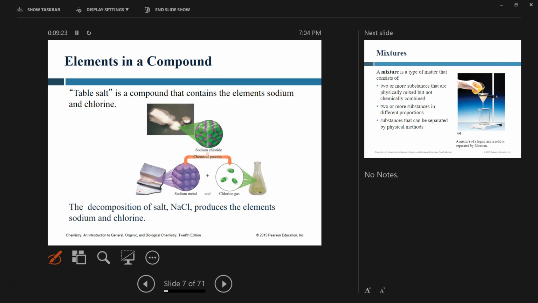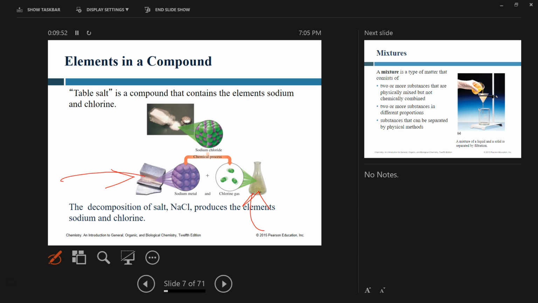Now, table salt, as an example, contains sodium and chlorine. I really like this statement: the decomposition of sodium chloride produces sodium and chlorine. Good luck with decomposing salt. I don't think humanity produces enough energy to decompose 1 gram of salt.